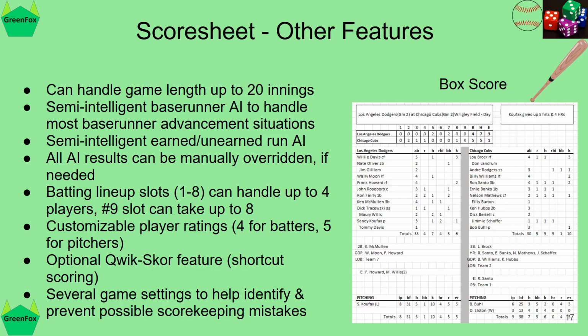Or it'll remind you, hey, it looks like that was the 3rd out, but you didn't mark it as the end of the inning. Do you want to make that the 3rd out and the end of the inning? So things like that, where it's just trying to help you correct a mistake as you make it, instead of at the end of the game when the stats don't compile because you made a mistake.